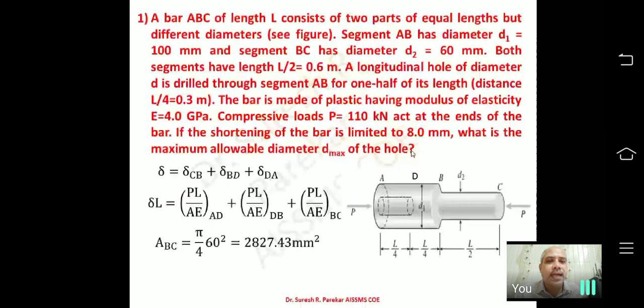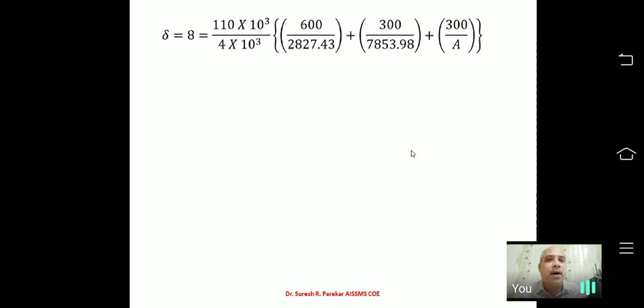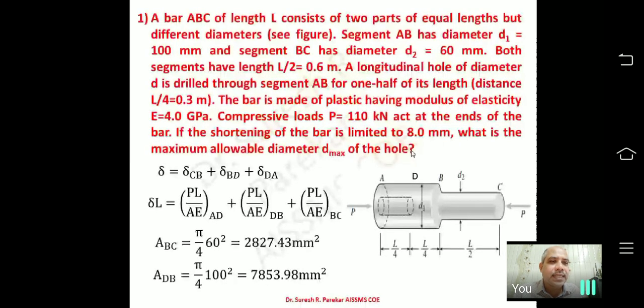Then we have calculated area of DB, which is pi by 4 into 100 square. Now we know this area, so we are in position to find the value of PL upon AE for BC and for CD. So for the first two portions we are in position to find the values.